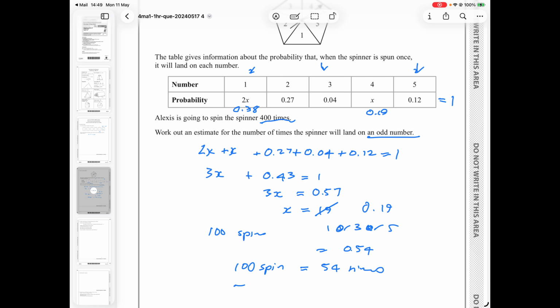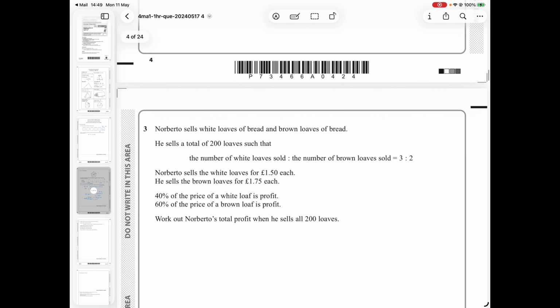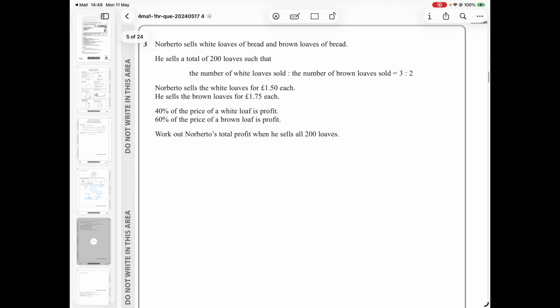And then for 400 spins, we would expect that times 4, and that would be 216. And I still haven't got my calculator out, so apologies if I'm making any arithmetic errors.